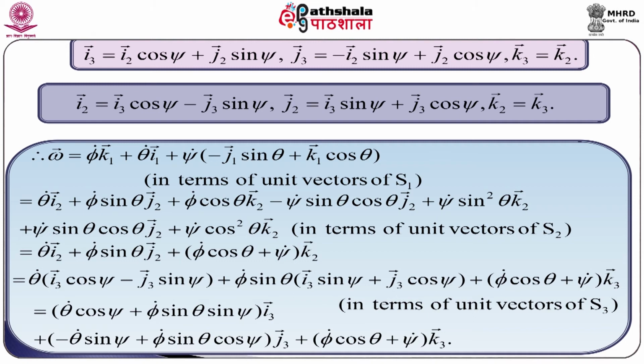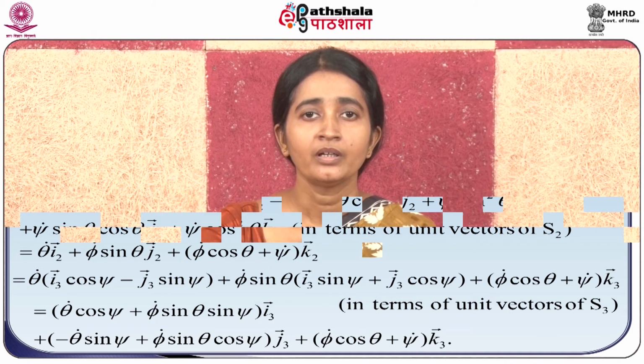If we substitute I2 vector, J2 vector, K2 vector in terms of I3 vector, J3 vector, K3 vector, that is in terms of unit vectors of S3, on simplification, that is taking the coefficients common of I3 vector, J3 vector, K3 vector, we have so far discussed the Euler's kinematical relations, which play an important role to discuss the equations of motion with respect to a body set of axes which are rotating.